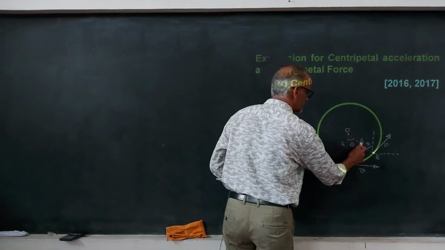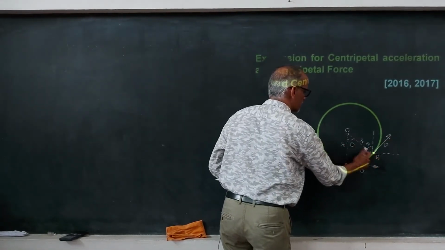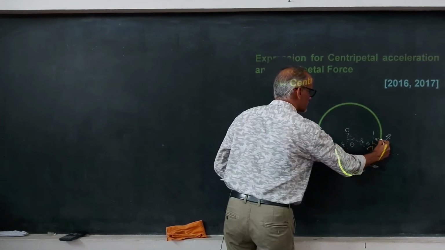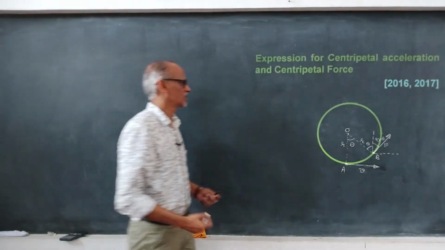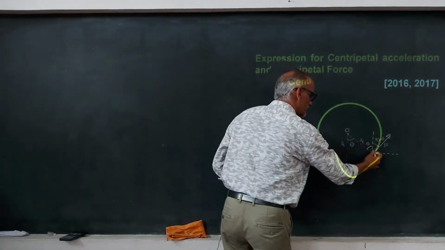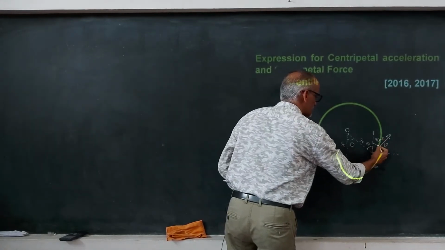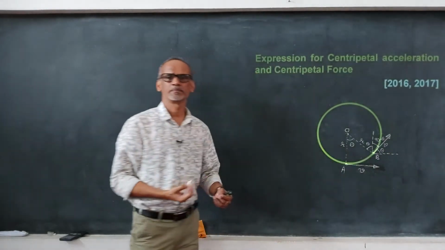Then this radius and the vector are at 90 degrees, correct? So, this one and this are 90. Therefore, if this is theta, then this will be 90 minus theta, correct? Again, this is vertical, this is horizontal, and the angle between them is 90 degrees. So, if this is 90 minus theta, then this angle will be equal to theta.